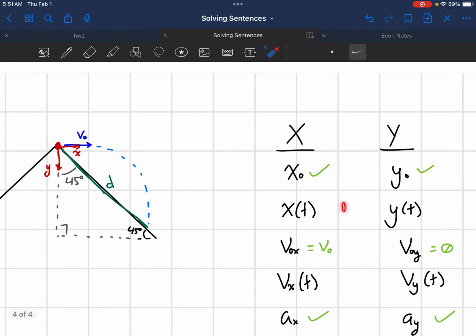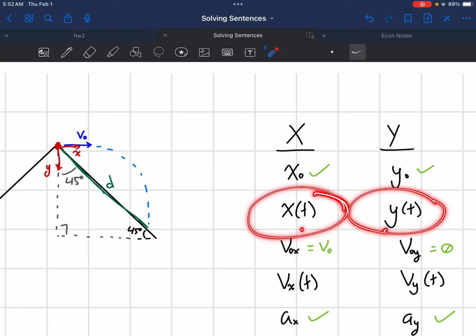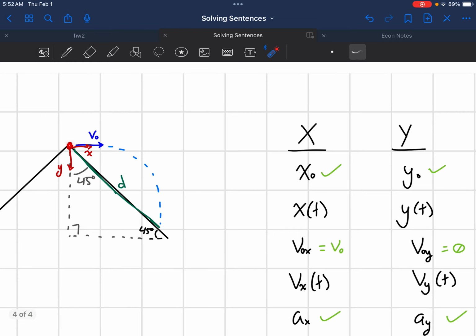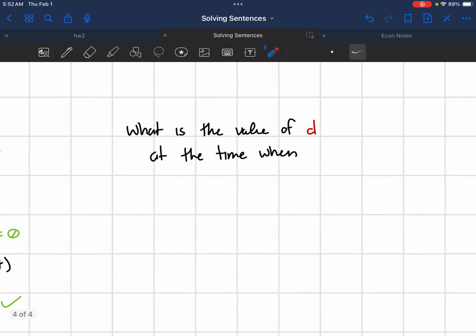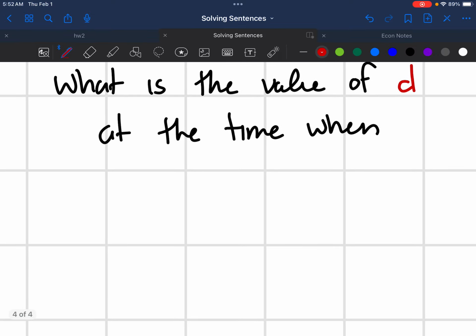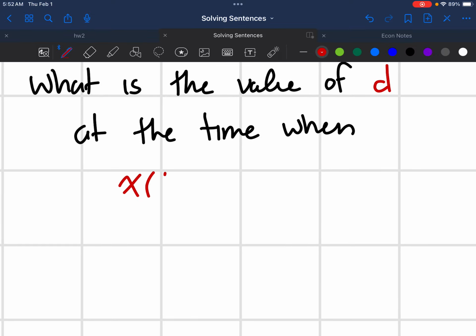Well, at the time when x of t equals y of t. And that's also partially why I chose down to be positive, because the way that I drew my picture, my x will be in the positive direction, and now my y will also be in the positive direction when it's down the slope like that. So I didn't have to say x of t is negative y of t. It would work the same, but I just like to keep it simple so I don't have to deal with those minus signs. So at the time when x of t is equal to y of t.